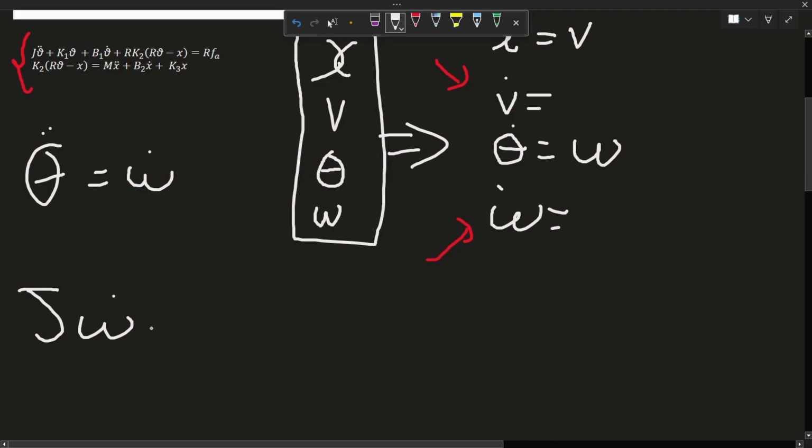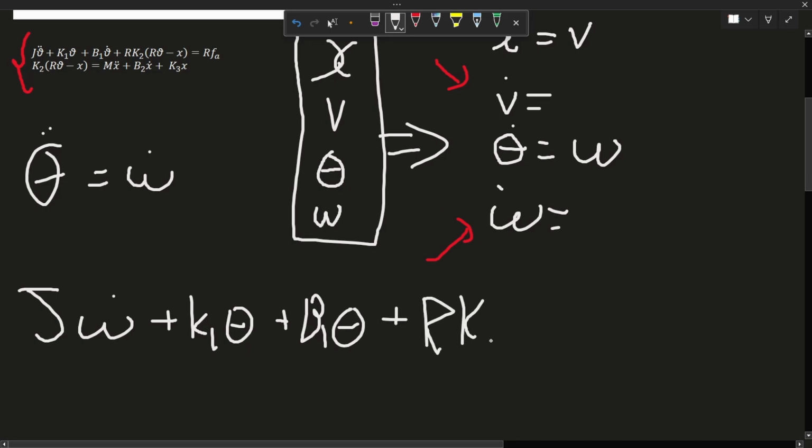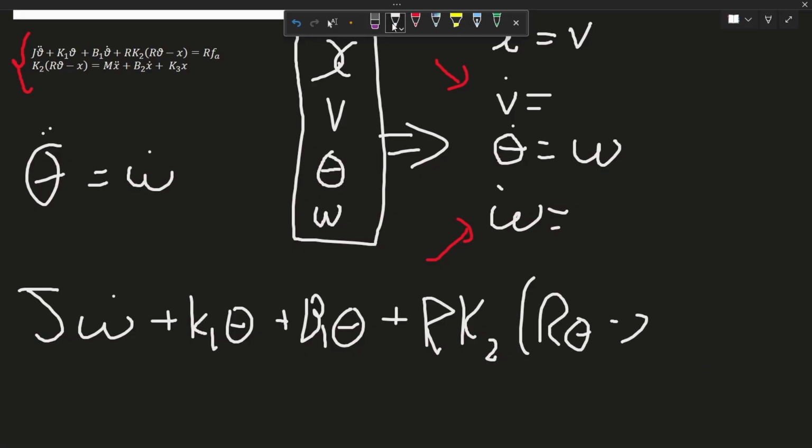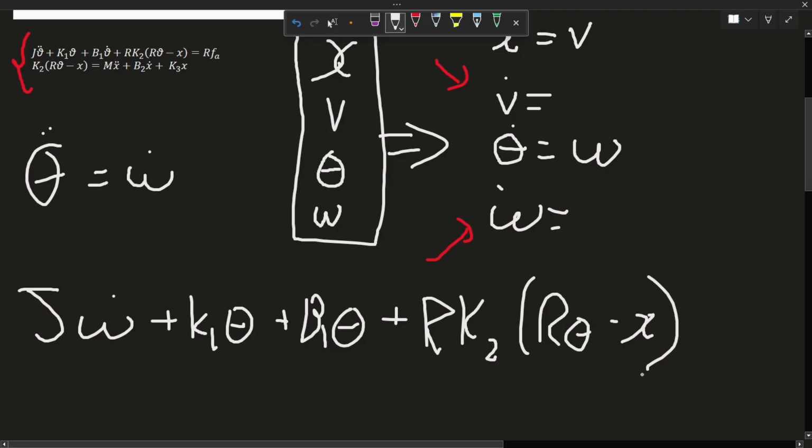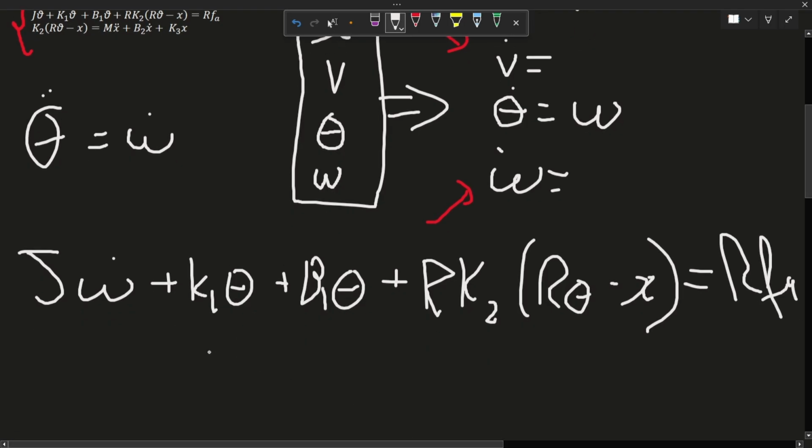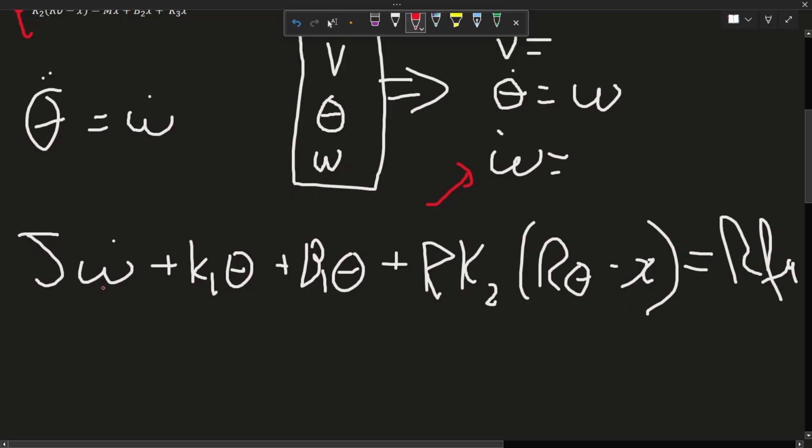J omega dot plus K1 theta plus B1 theta dot plus R K2 R theta minus X equals RFA. Now you just solve for omega dot.